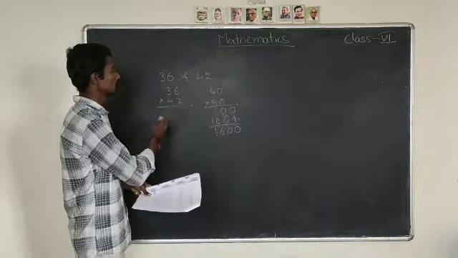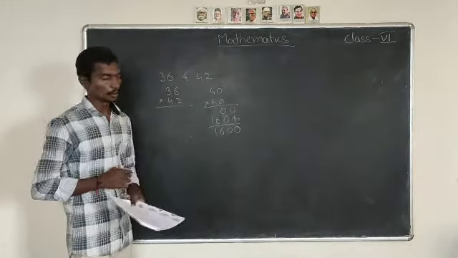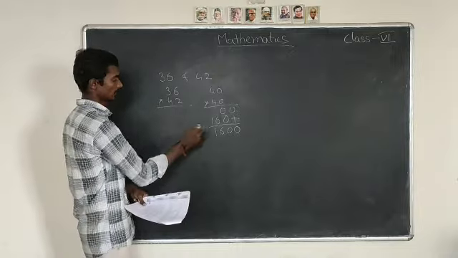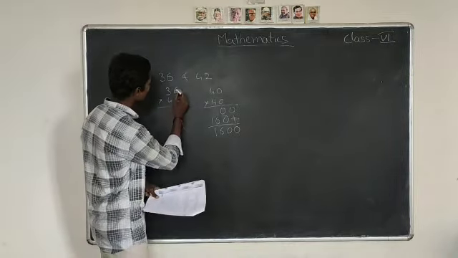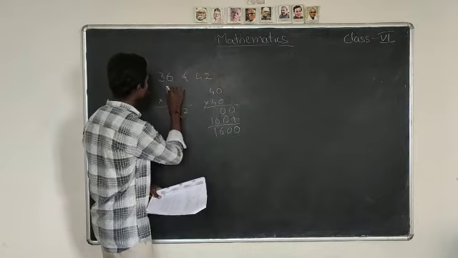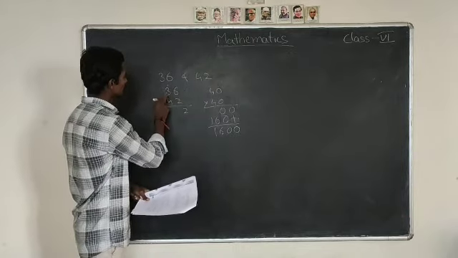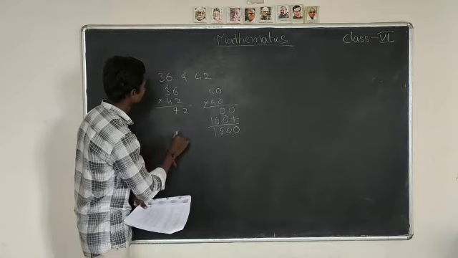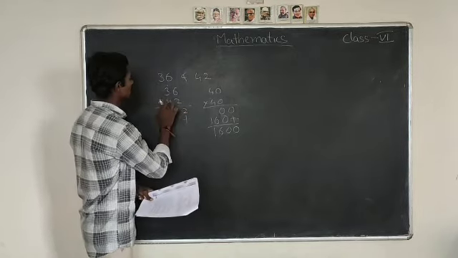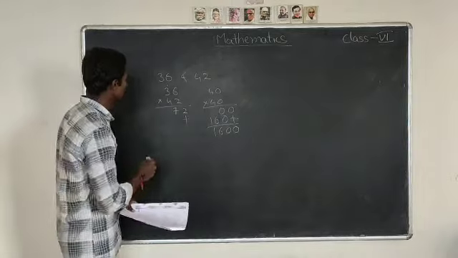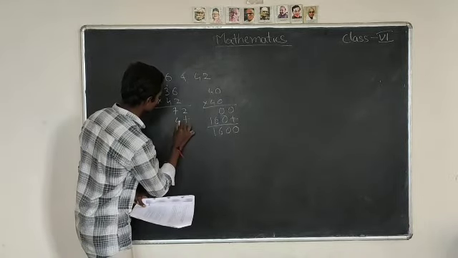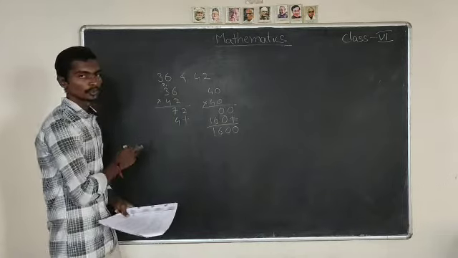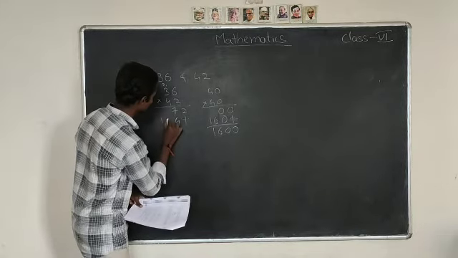So 40 into 40 is 1600. Now let's see if the product of these two numbers is also closer to this number. 2 into 6, 12. We carry 1. 2 threes are 6 plus 1, 7, plus 4 into 6, 24, 4 twos are 8, 4 into 3, 12, plus 2, 14.